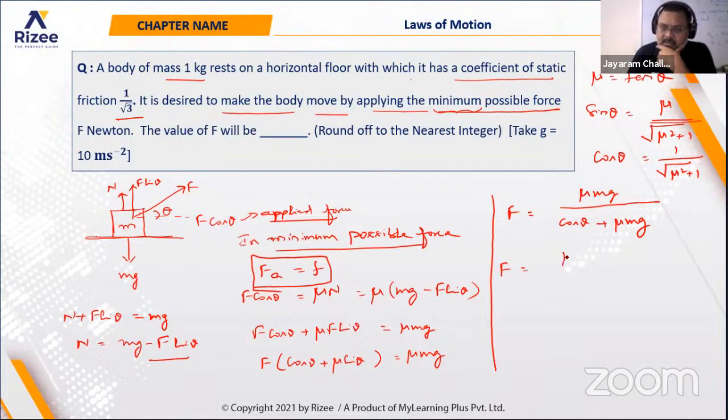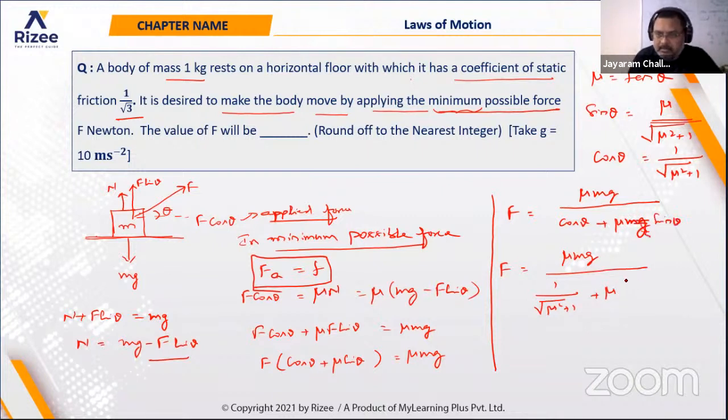So F is equal to mu mg by cos theta, which can be replaced as 1 by root over mu square plus 1. Sorry, this is going to be the sine theta here. I'm correcting the mistake.